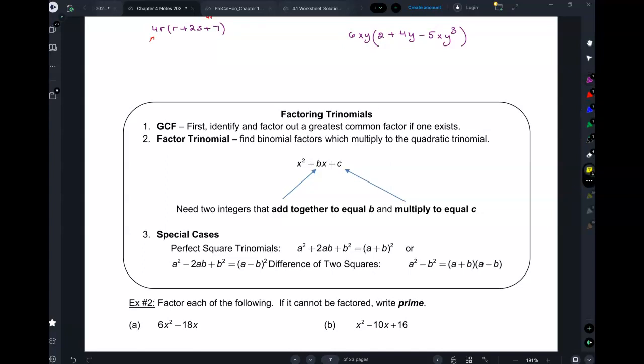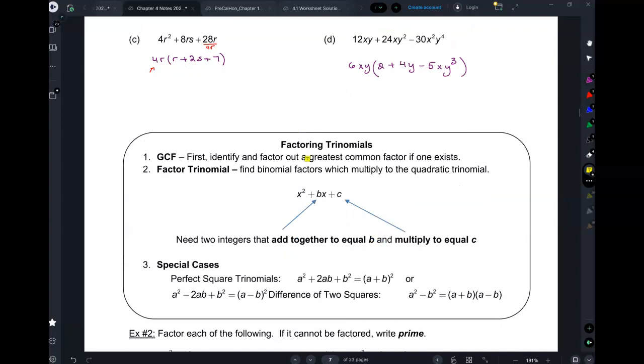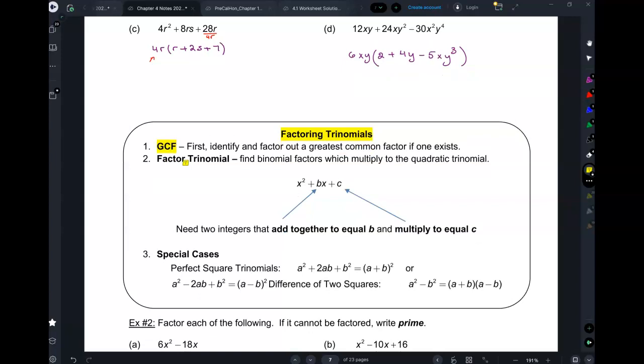Now, factoring trinomials. What's a trinomial? How many terms does a trinomial have? 3. Before you even start, you first have to see if there is a GCF that you can factor out. After that, there are a couple of things we're going to do. One is factoring a trinomial.